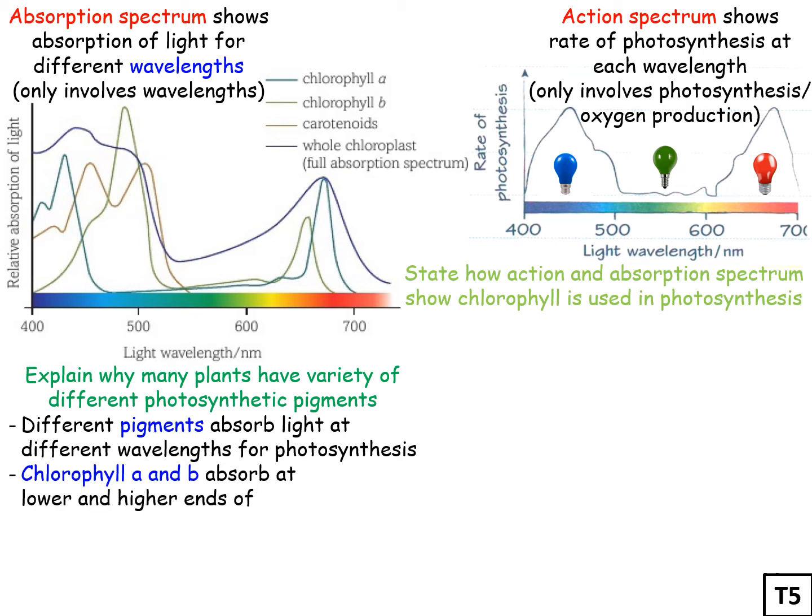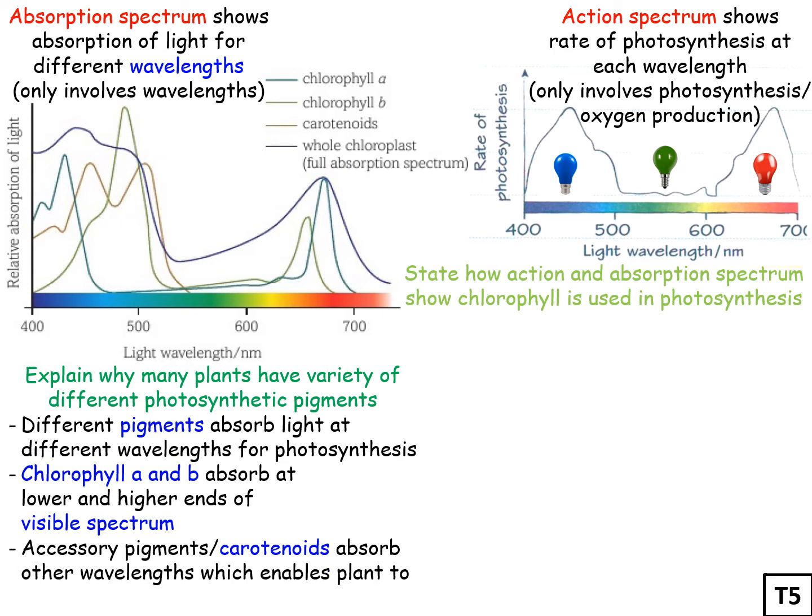So chlorophyll A and B absorb at the lower and higher ends of the visible spectrum, which is more similar to the blue and the red parts of the wavelength. Accessory pigments such as carotenoids absorb other wavelengths, and this enables plants to absorb more of the visible spectrum.